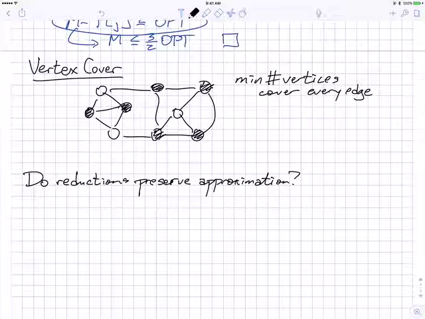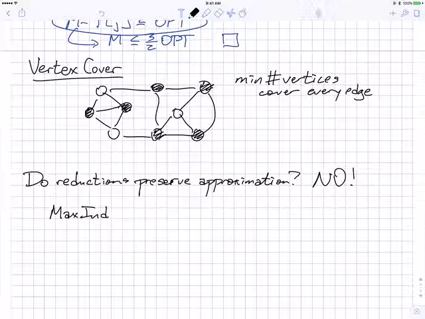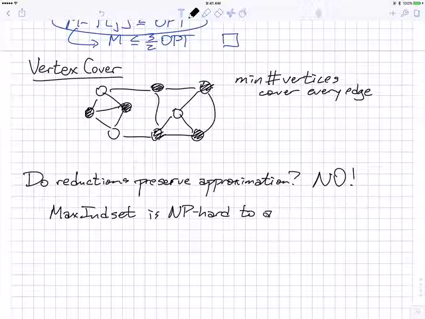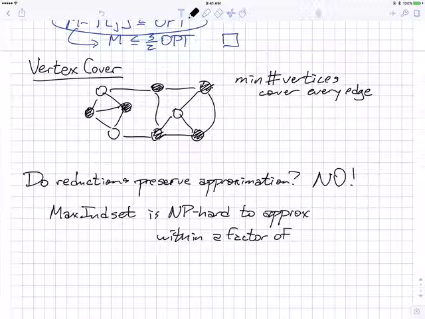In particular, maximum independent set is NP-hard to approximate within a factor of big O of n to the 1 minus epsilon for all epsilon.